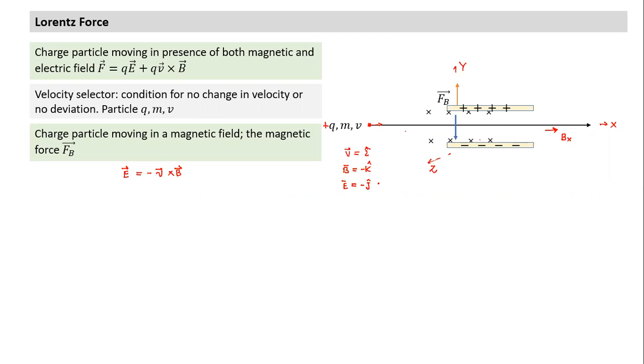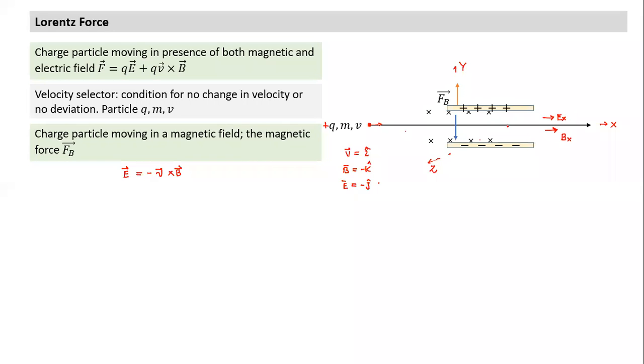But suppose we add an X component of electric field also. If we add electric field in the X direction, what will happen? This will start exerting force in the X direction. Once it was in a state where net force was zero, if we add electric field in the direction of velocity, still the particle will not get deviated, but velocity will not be constant.